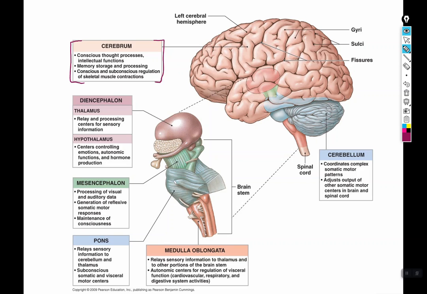So the cerebrum contains your special sensory processing areas, so visual, auditory, hearing, balance, taste, smell, even your somatic senses. And it also contains your frontal lobe and your limbic system, which is where emotions, memory, higher order cognition, conscious thought processes, and higher order thinking occur, among other things.